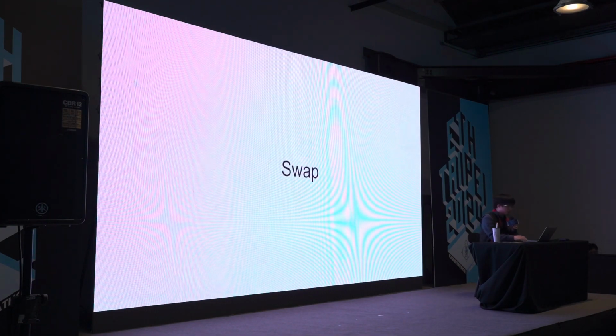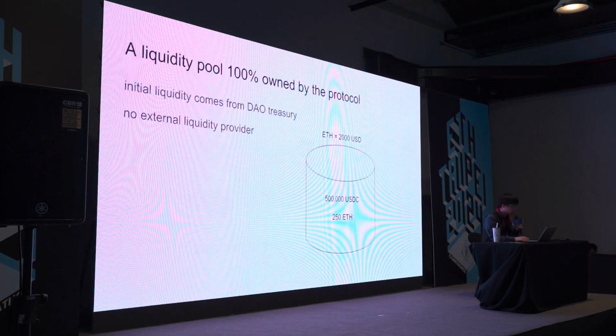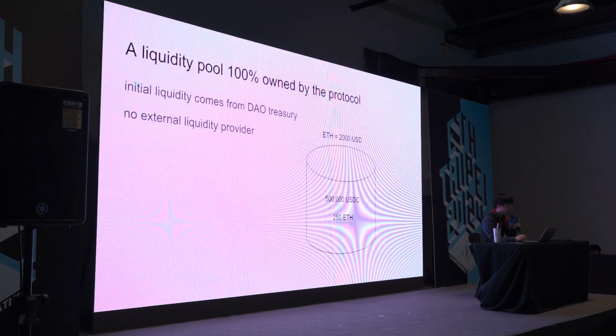So let's start from the fundamentals. Dyson Finance itself still has an XYK mechanism, and it has its own underlying liquidity pool. At this moment, there are no external liquidity providers, so all of the assets in the pool are owned by the protocol.